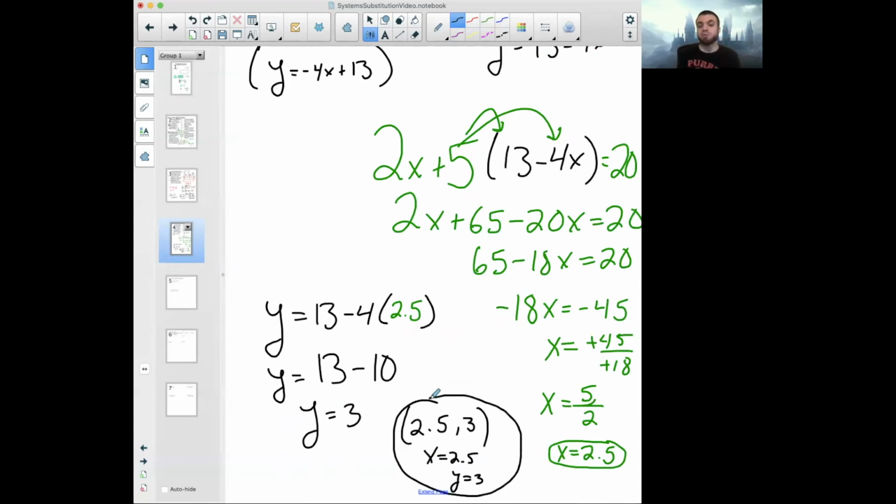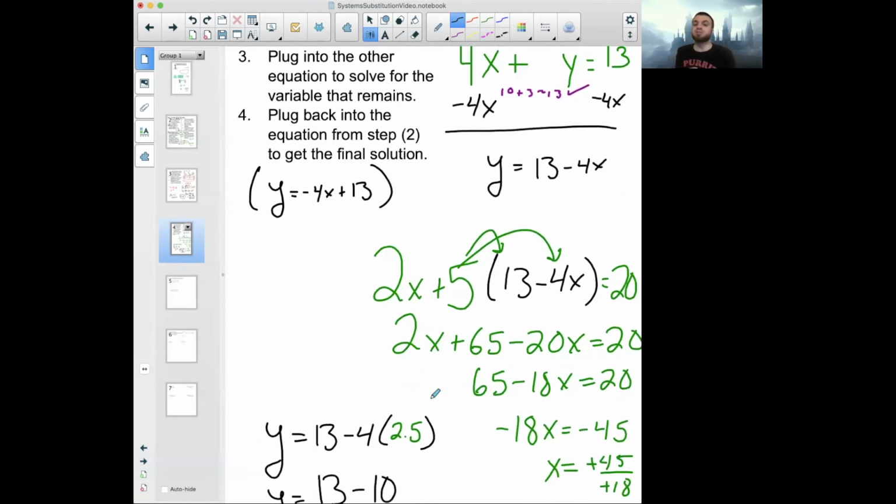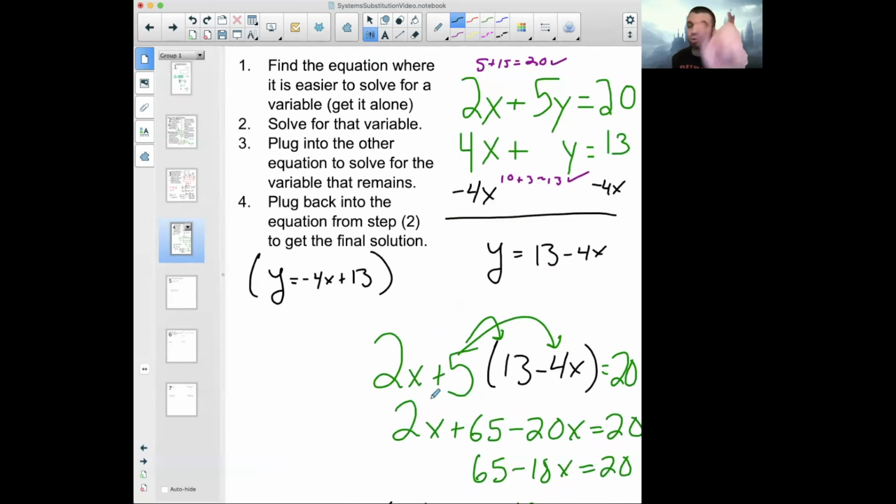Hopefully this example made sense. Again, our steps are to look for the equation where it's easier to get the variable alone. So the bottom one, it was easier to get y alone. Then we got y alone, step 2, y equals 13 minus 4x. Then step 3, we took that 13 minus 4x and substituted it in for y in the other equation.